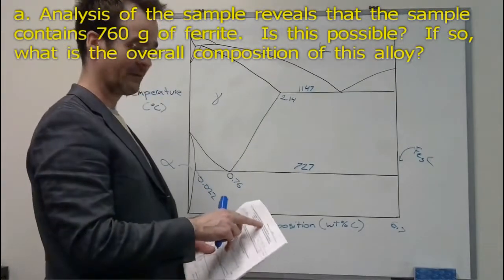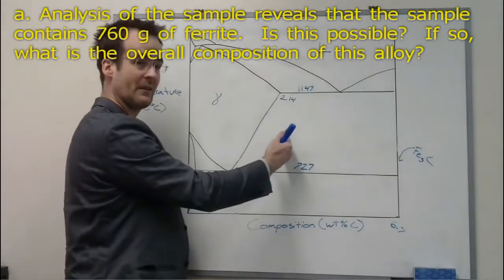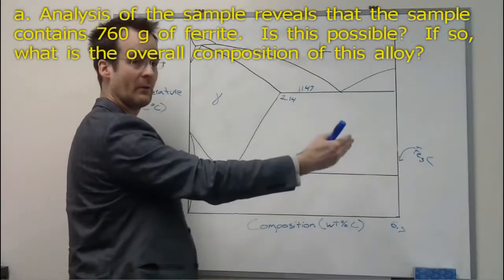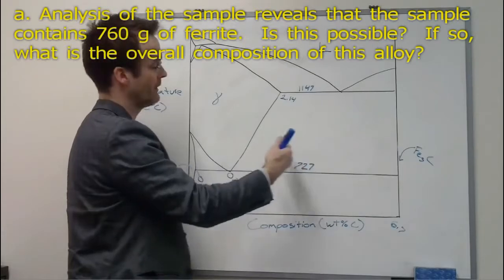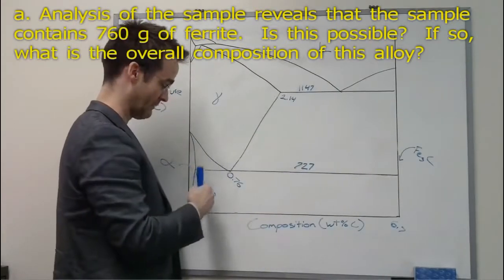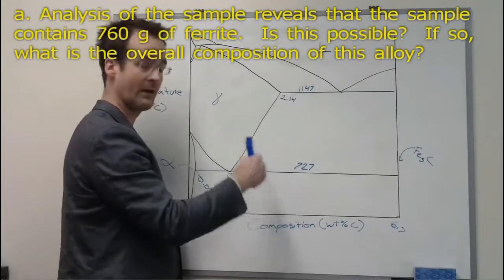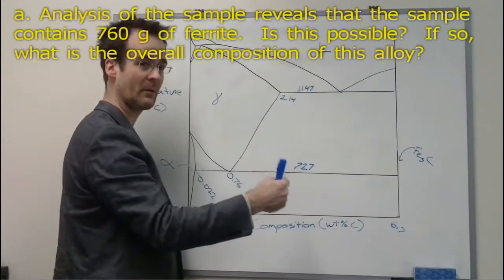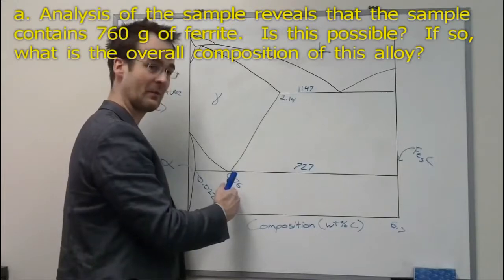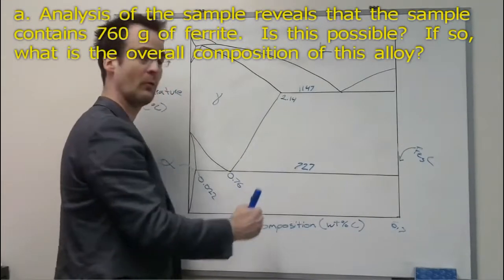And the other word there, it says it's steel. It has to be less than 2.14. Above that, we know that's cast iron. So we actually have a composition for steel between 0.022 and 2.14. The question also tells us it's hyper-eutectoid, so we say in fact it's between 0.76 and 2.14.